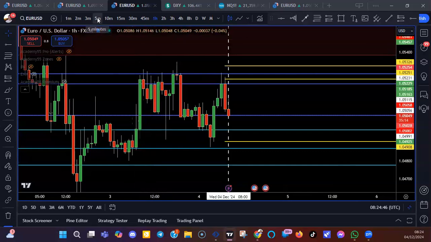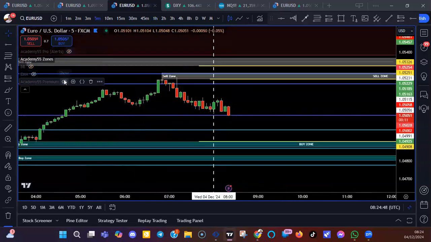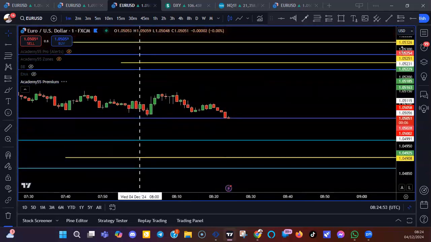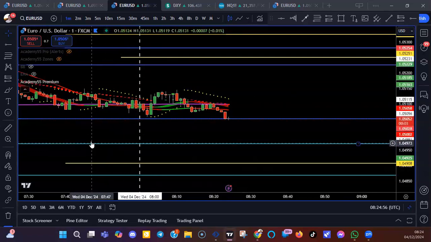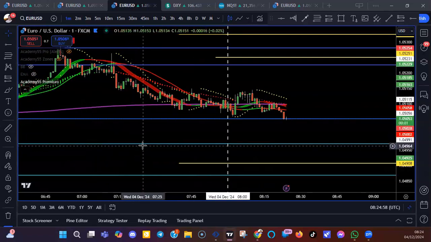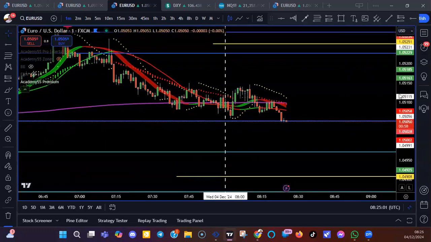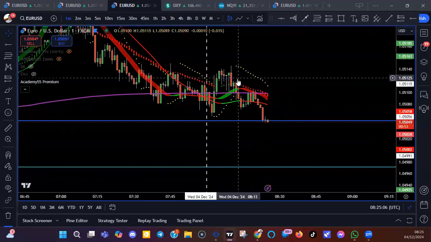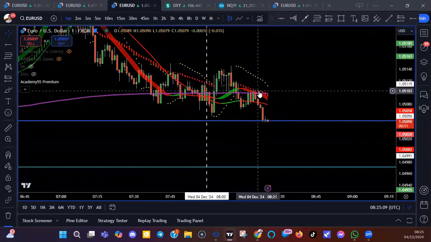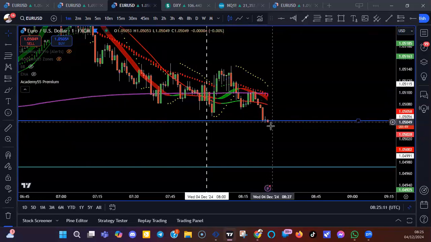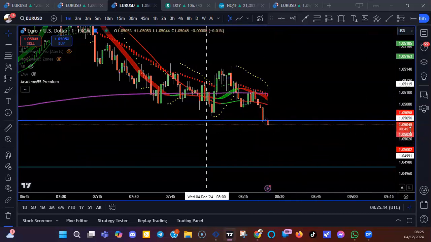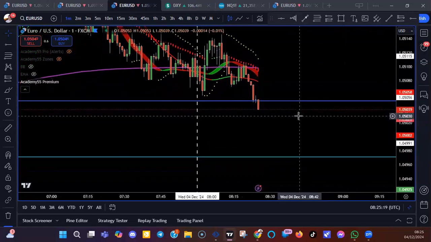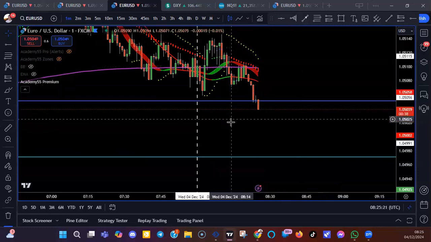Let's go back to the minute time frame. So we're at that line now. If there was a seller there and we got into the trade there, I'd be looking to see whether it broke that line, which it did, before getting into a sell.